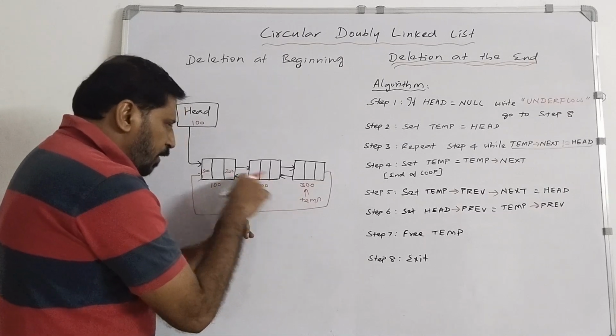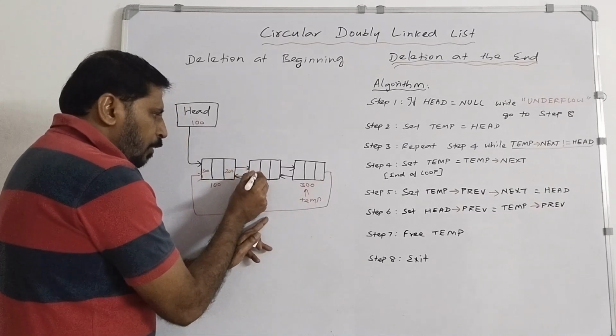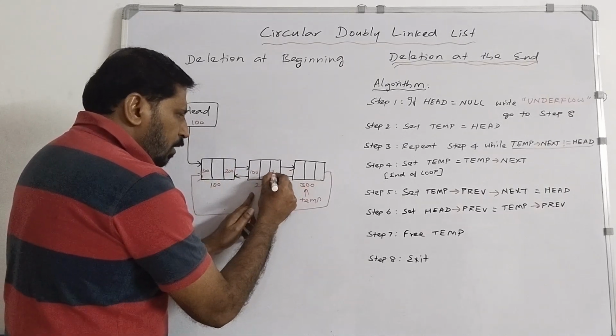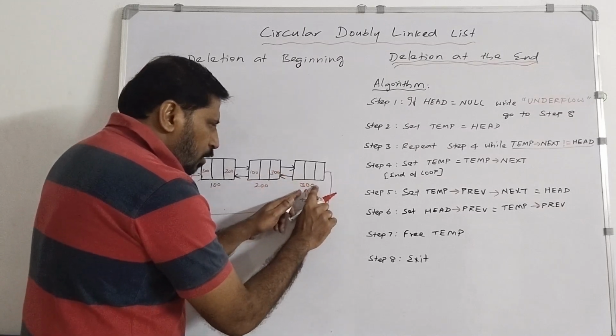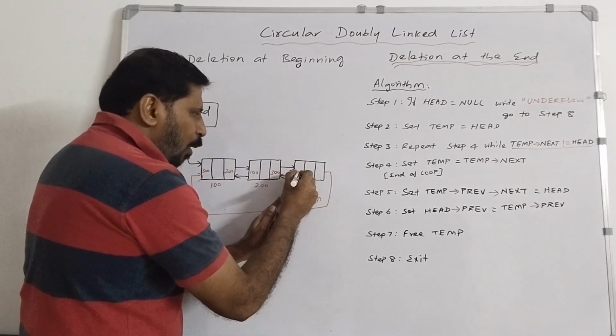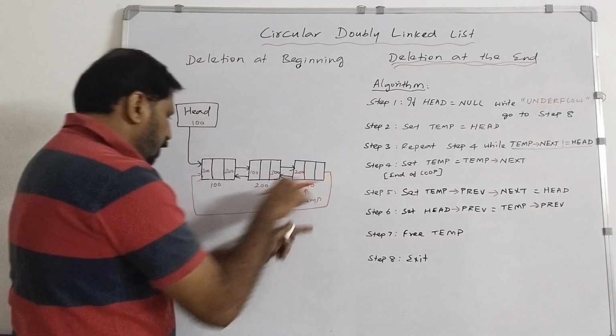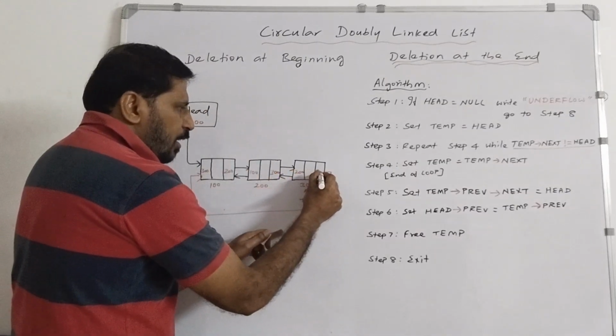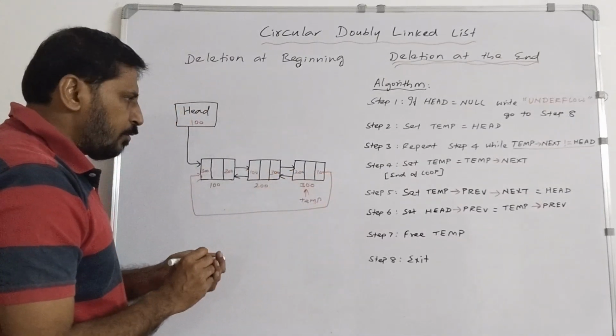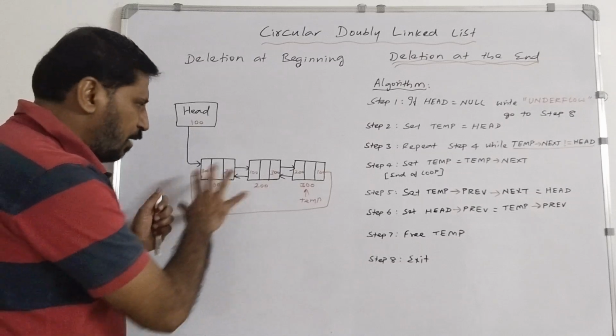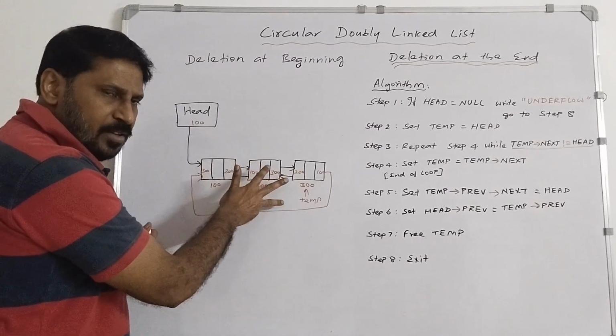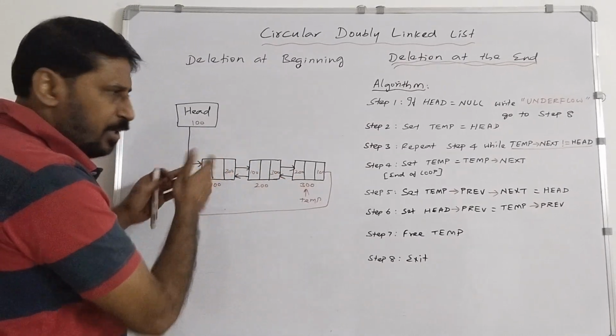For this node, previous node is 100 and next node is 300. For this node, previous node is 200 and next node is 100, so I am writing 100 here. This is the actual updating of previous and next in the doubly linked list.